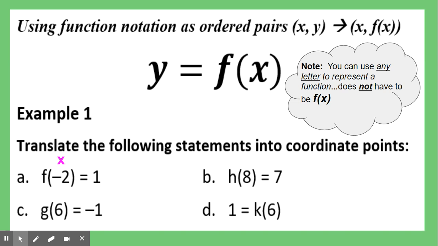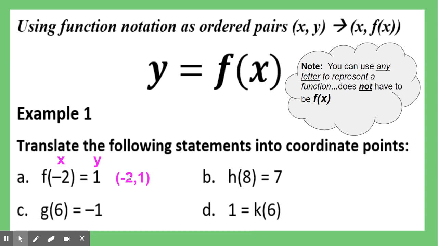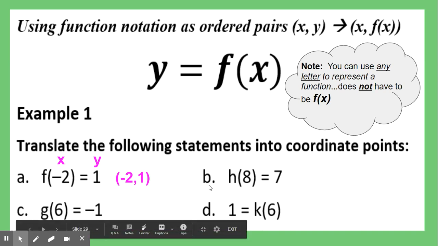Again, f of x. I like to label that -2 as my x. My input here was -2, which is my x value, which gives me my output, which is 1. In this case, we would write our ordered pair as (-2, 1). In parentheses is your x value, and what you get out after you put that into whatever function rule you have is 1. Next, h of 8.